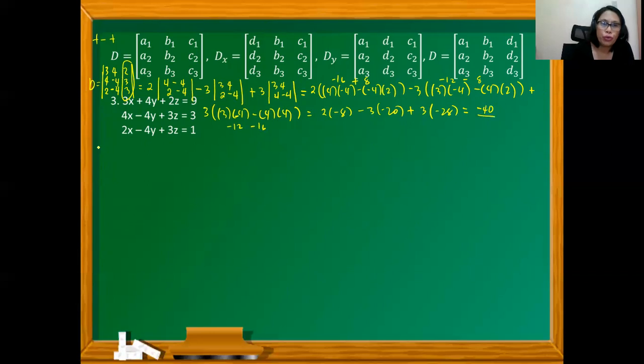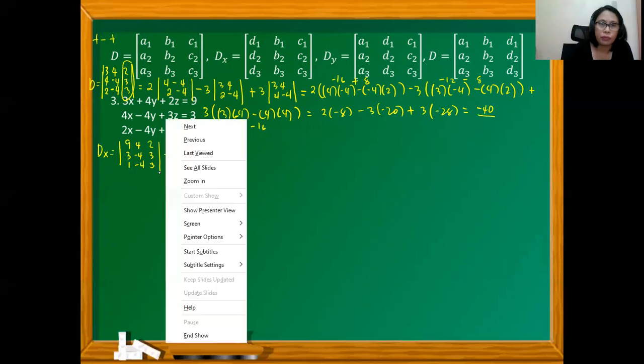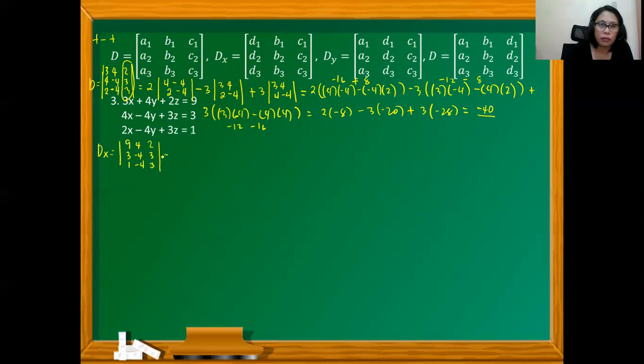Okay? So how about d sub x? For d sub x, we have the constant terms 9, 3, 1. And then the coefficients of y: 4, negative 4, negative 4. And the coefficients of z: 2, 3, 3. So we're going to consider the last column. So the first term here will be element 2 times its minor.